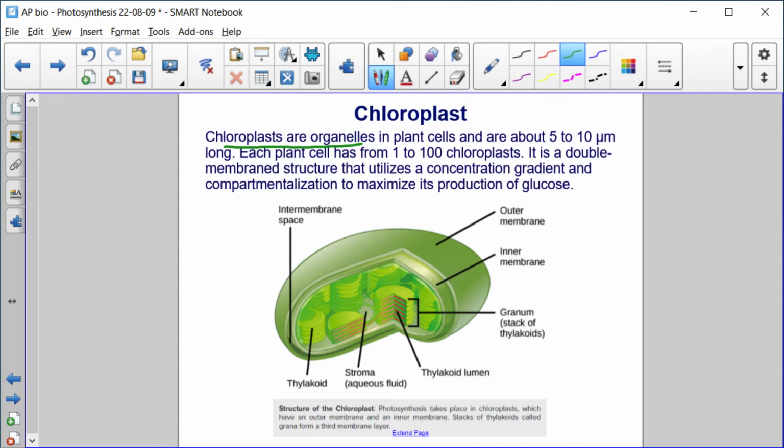So you have a double membrane structure, an outer and an inner membrane. We have these thylakoids, so an individual thylakoid here. A stack of thylakoids is called a granum, and there's aqueous fluid throughout called stroma.